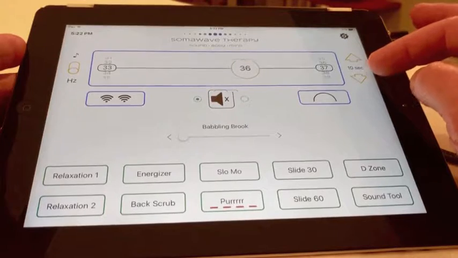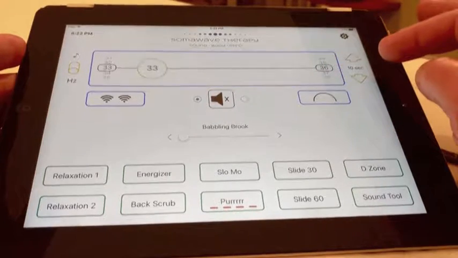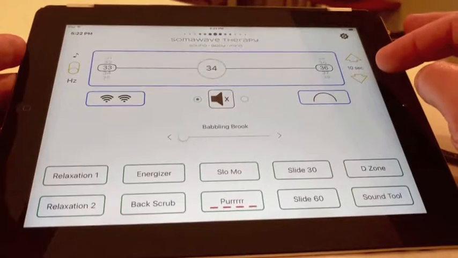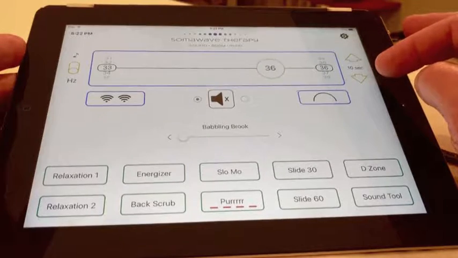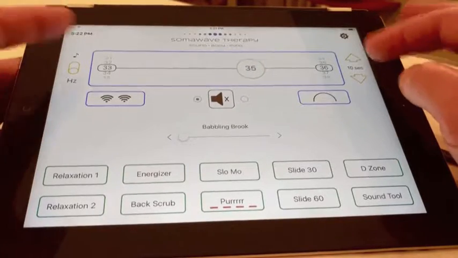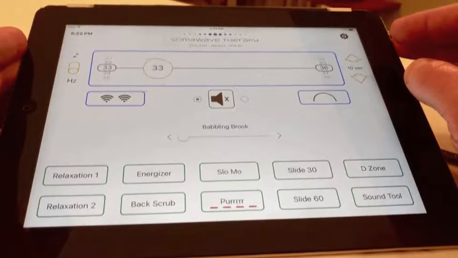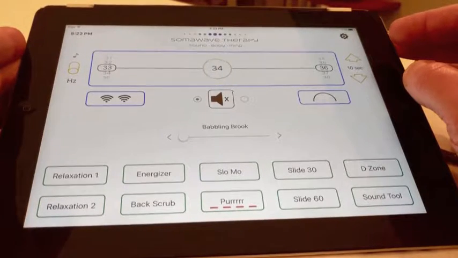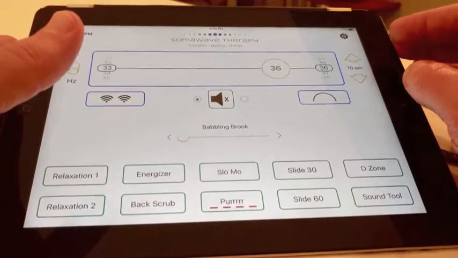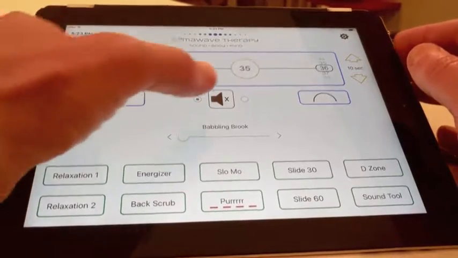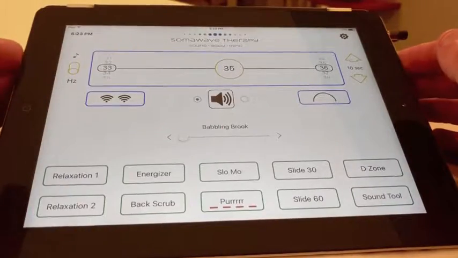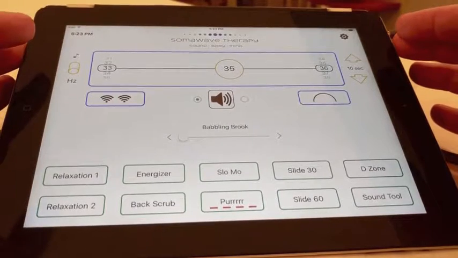I'm just playing around here now. But yeah, play around with the settings, fairly easy to do. That's the cat's purr.